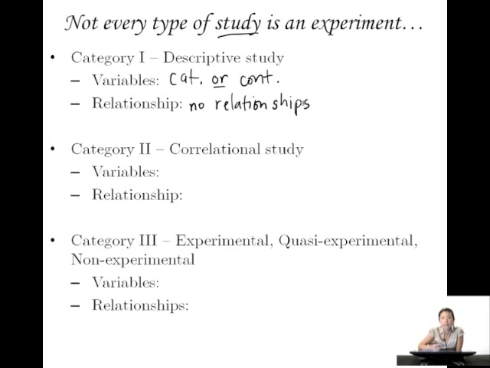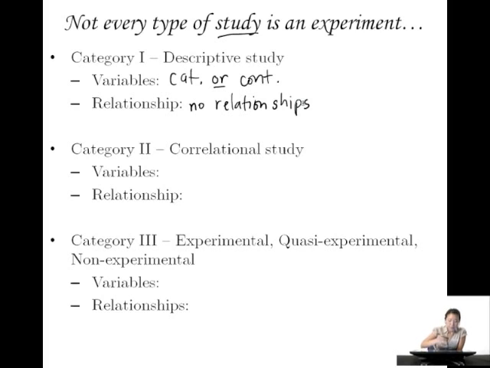So they're really only interested in the distribution of people's heights or people's IQs or the distribution of bacteria in the stomach, right? So they're only interested in describing one variable or a couple of different variables, but not looking at the relationships between them. So that's very important. That's the descriptive study. That's category 1.